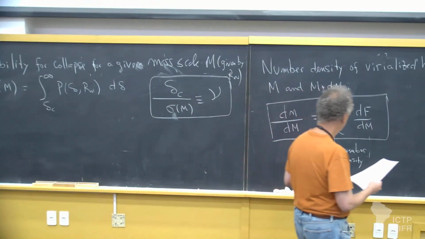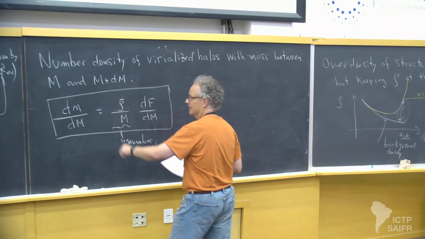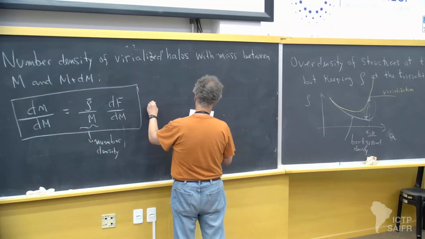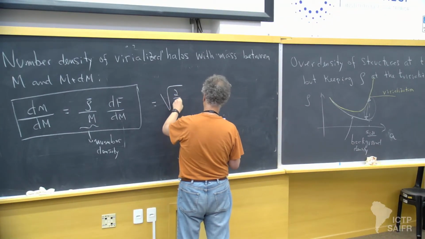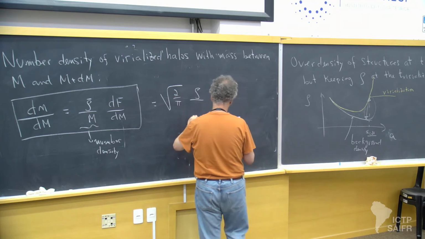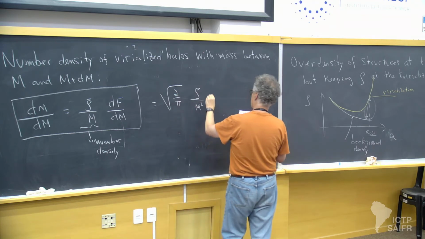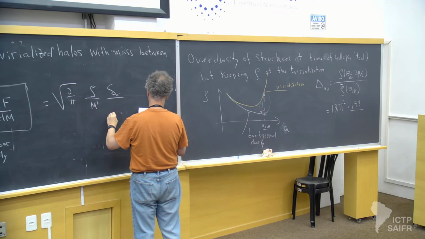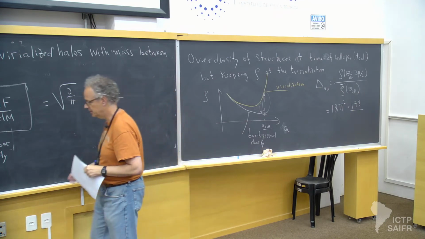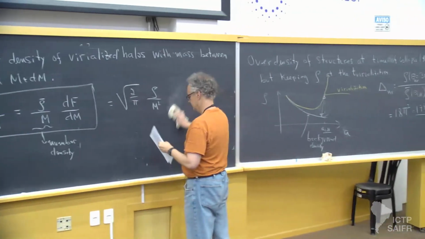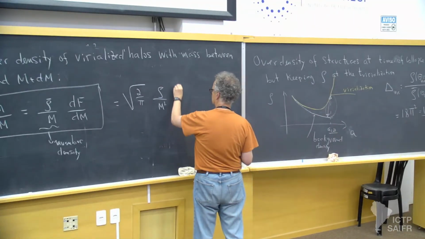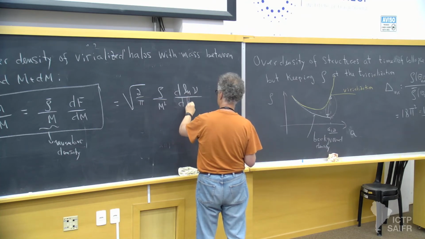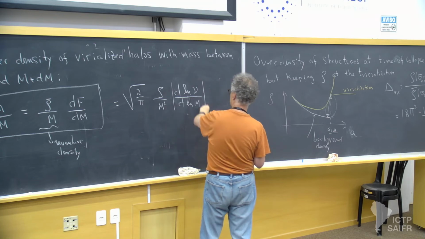So you can plug in these integrals, related to the error function, etc. And what you get for dn dm is something like this: square root of 2 over pi, rho over m squared, delta c over sigma m. I can write this in a better way as the modulus of d log nu over d log m, and this is a modulus because this can be negative.